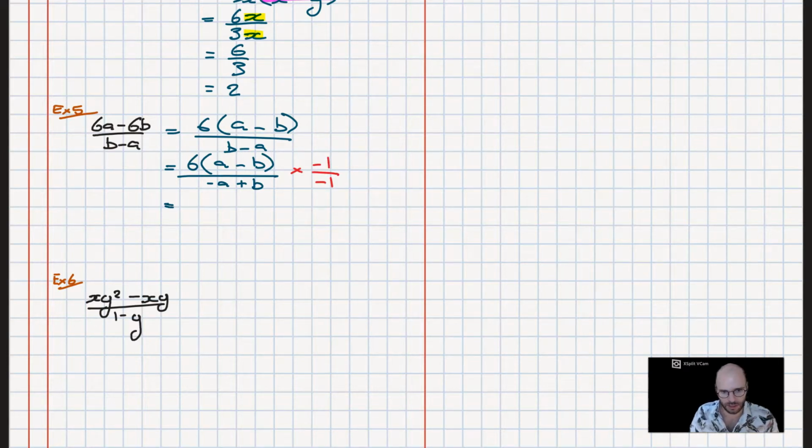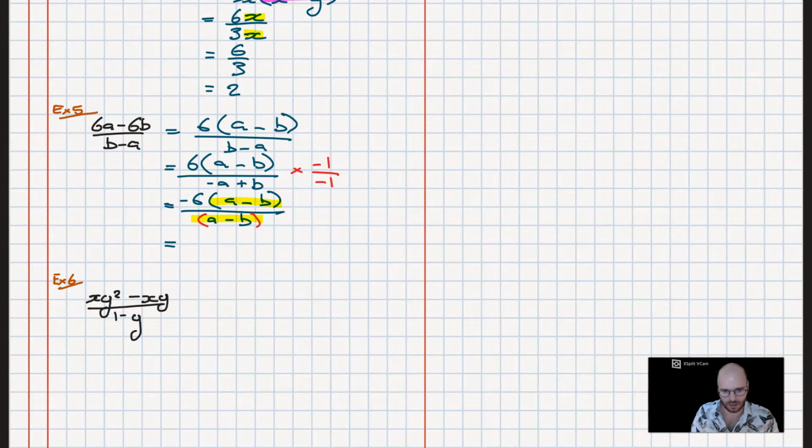What that's going to look like is the 6 will become a -6, then a minus b. Then downstairs, the a is going to become a positive a, and the b is going to become a negative b. So therefore, put some brackets there. What we've got is a double up, like so.